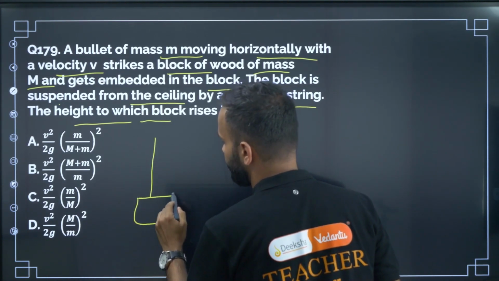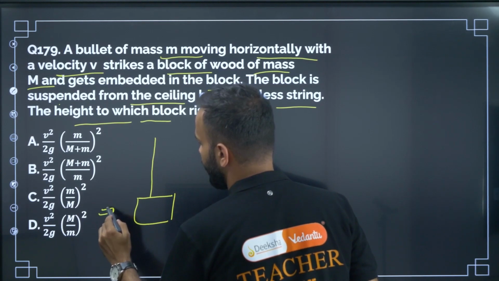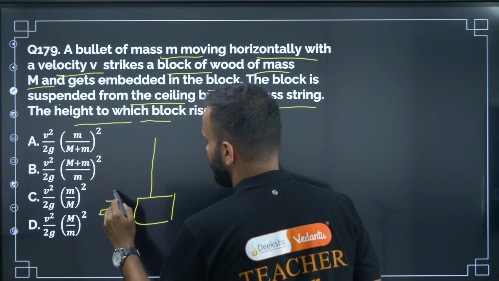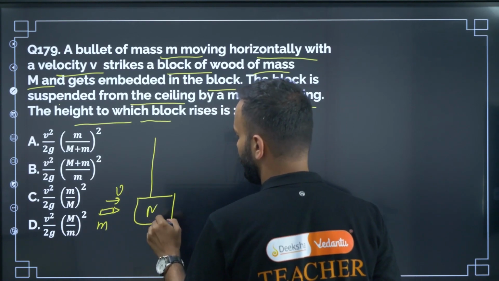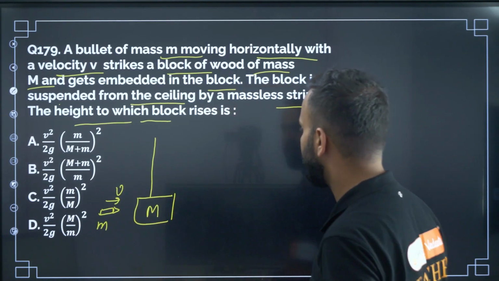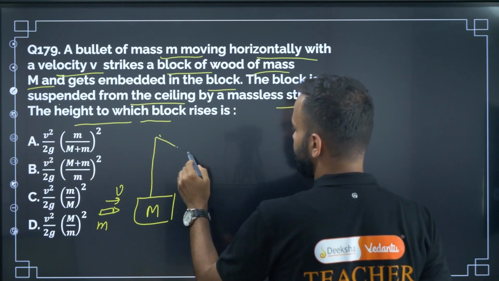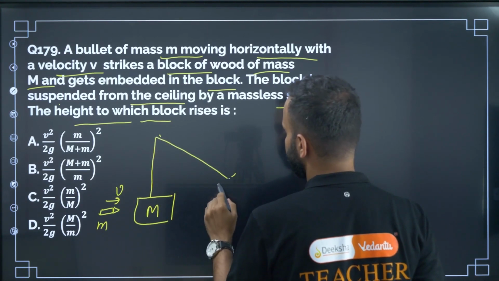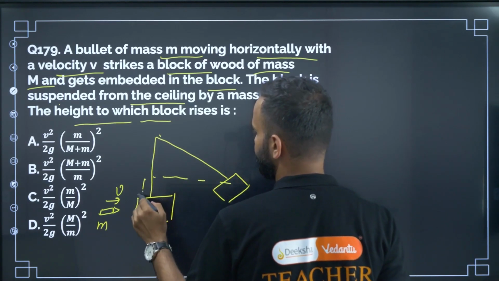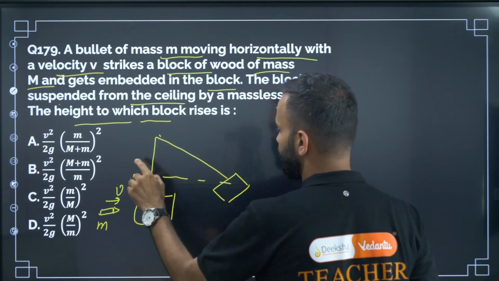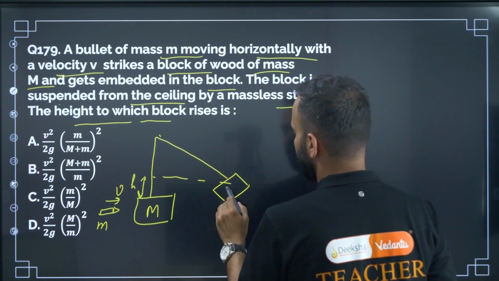Here is the block and the bullet moving with velocity v. Mass of the bullet is m, and the block's mass is capital M. When it strikes the block, it will rise by height h. We need to find the value of h.